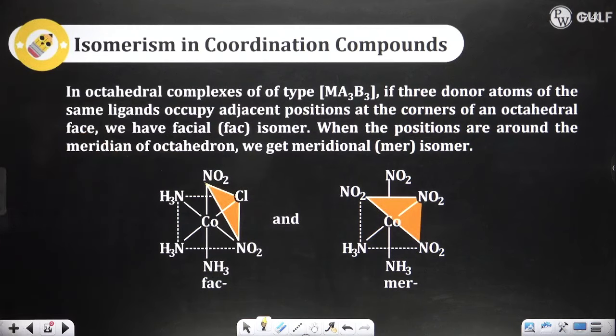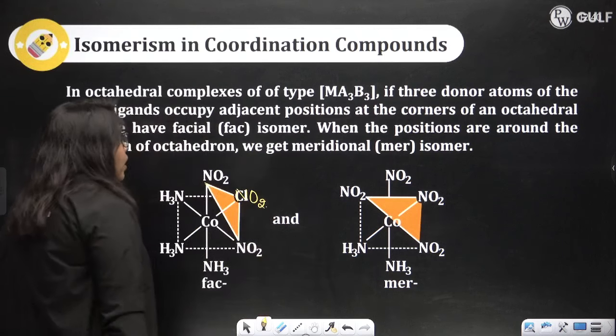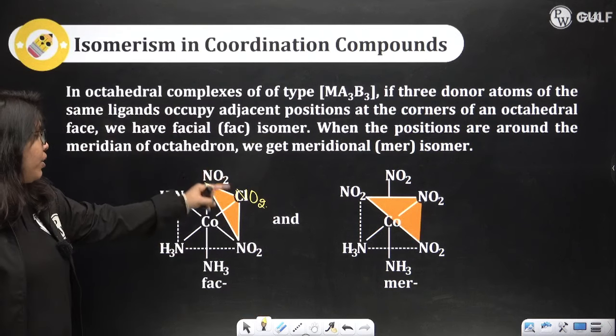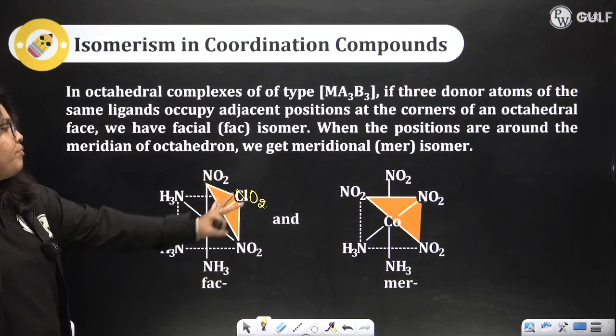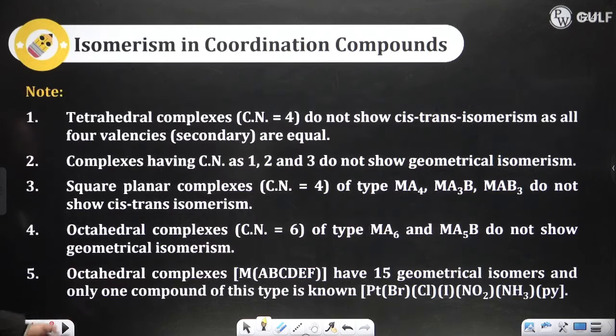This is NO2. All the same molecules on the facial side, facial; meridional side, meridional. This is isomerism in coordination compounds, and we have spoken about geometric isomerism.